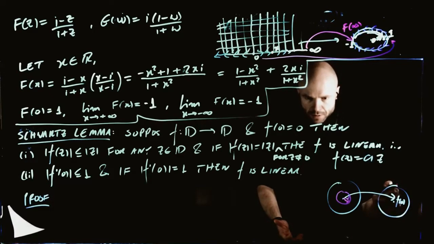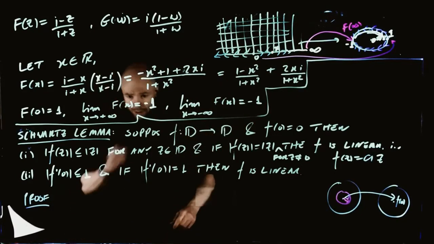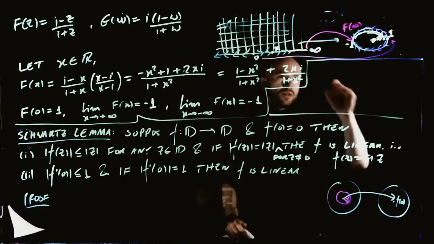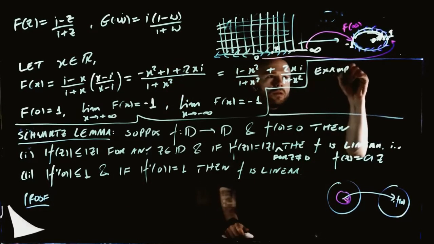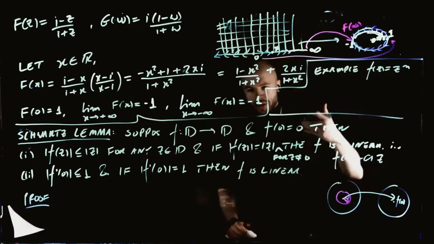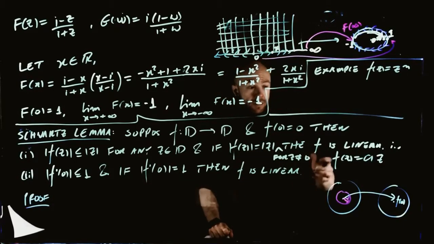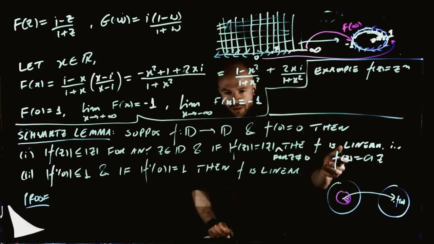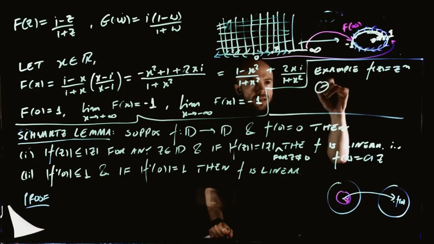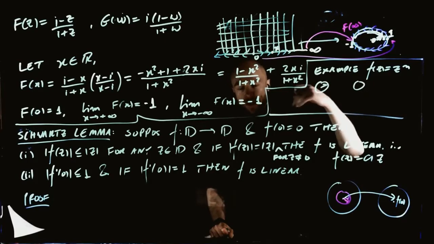For example, can you think of mappings that satisfy these conditions? Example: f(z) equals z to the n. For sure, the unit disk is mapped to something inside the unit disk, in this case actually onto the unit disk. And it also clearly satisfies these properties. If we take anything with radius less than r, then its image is contained in a ball with radius even smaller than r.